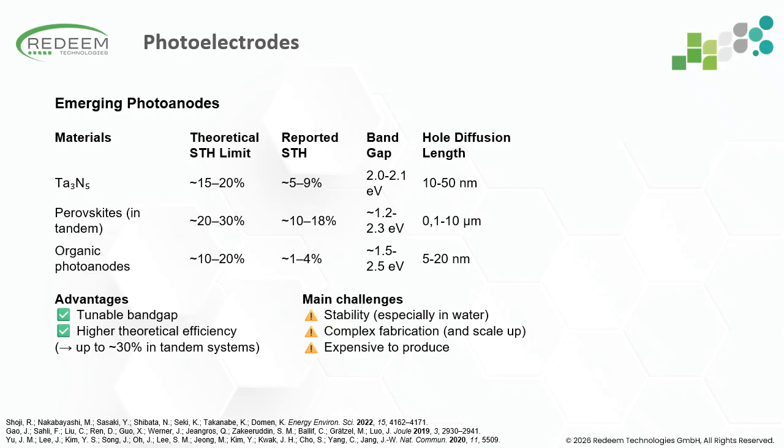However, these higher efficiencies usually come at a cost, and many emerging materials still suffer from poor long-term stability, especially under aqueous operating conditions, and their fabrication is often more complex and expensive. So the challenge is no longer just achieving high efficiency with these photoelectrodes, but combining high efficiency with long-term stability, low cost, and manufacturing that is actually scalable.